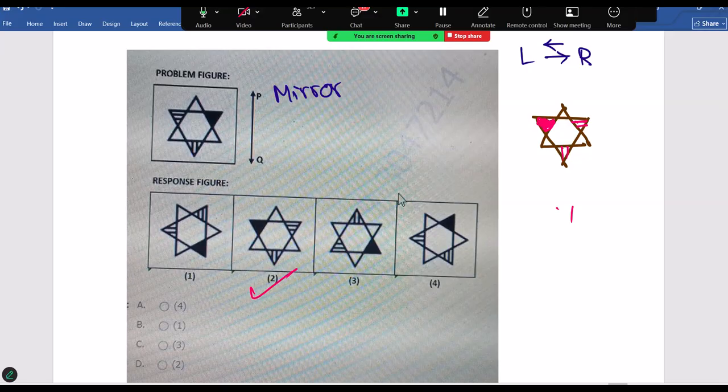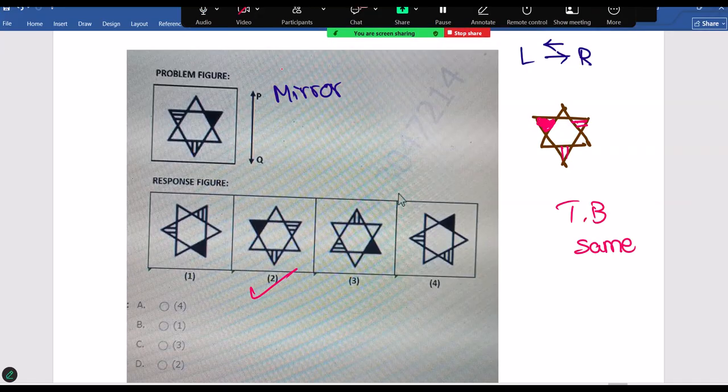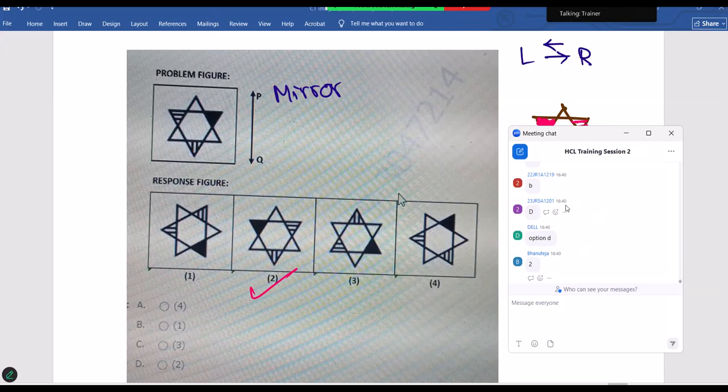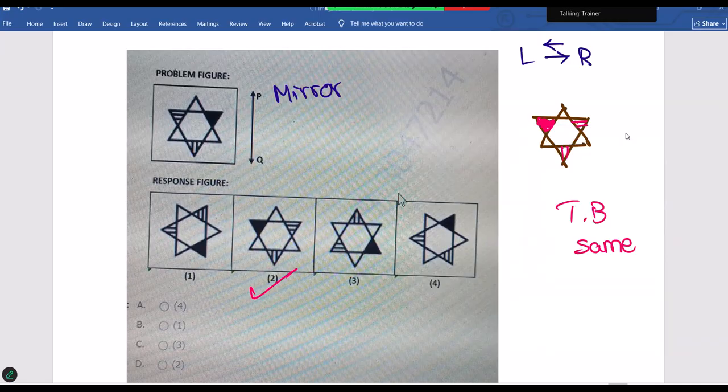Top and bottom stay the same, with no disturbance. Left and right will be interchanged. These are image-based questions. Your right will go to left, your left will come to right. See, stand in front of a mirror, my dear friend.